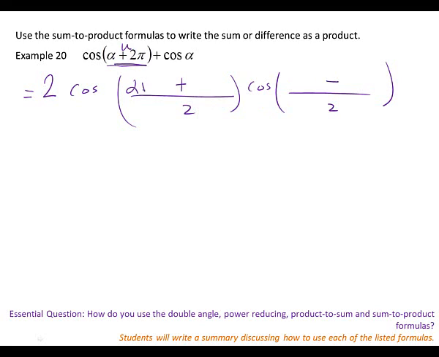So my U is alpha plus 2 pi. Alpha plus 2 pi. And then my V is just alpha. All right. So let's see what happens. We've got 2 cosine. What's alpha plus alpha? 2 alpha plus 2 pi.